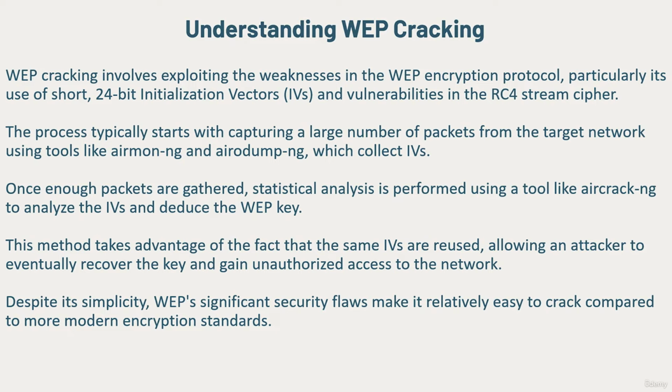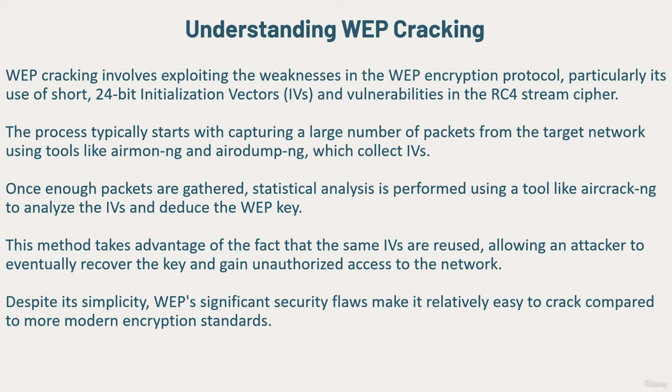Understanding WEP cracking. WEP cracking involves exploiting the weaknesses in the WEP encryption protocol, particularly its use of short 24-bit initialization vectors and vulnerabilities in the RC4 stream cipher. The process typically starts with capturing a large number of packets from the target network using tools like airmon-ng and airodump-ng, which collects the IVs.